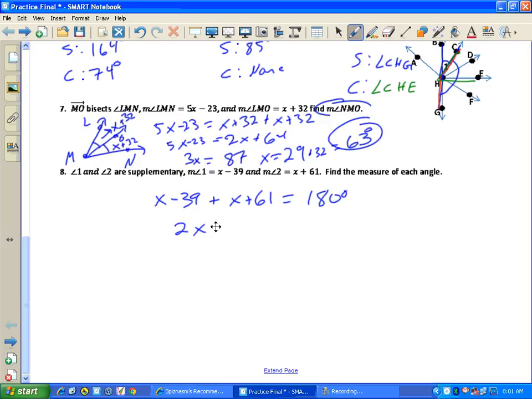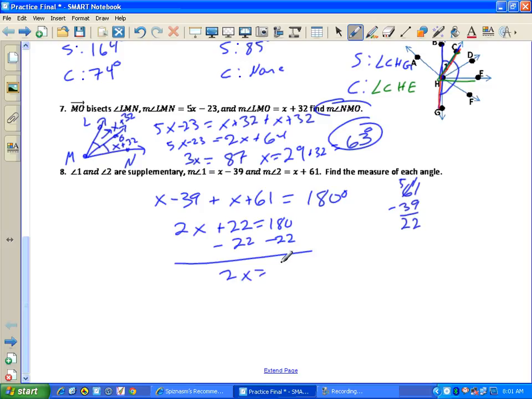So if I simplify the left side here, I get 2x plus, let's see, 61 minus 39 is going to be 22, equals 180 minus 22.